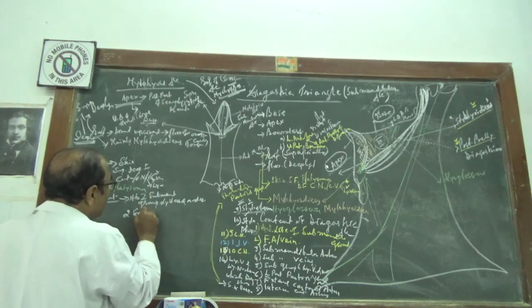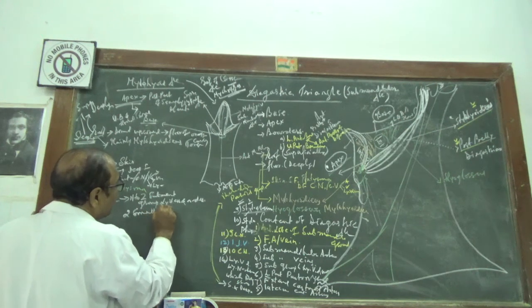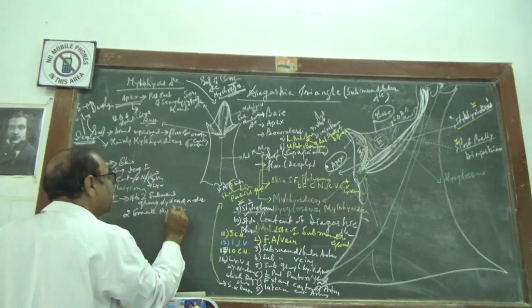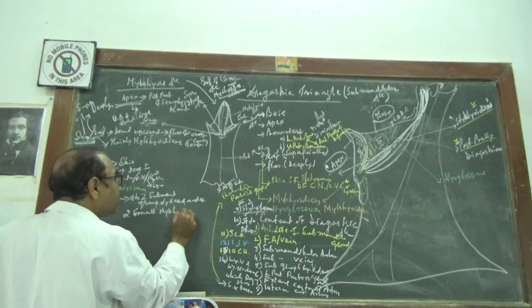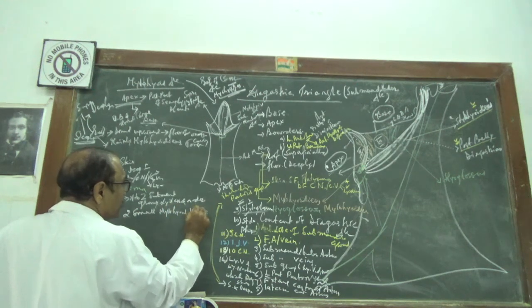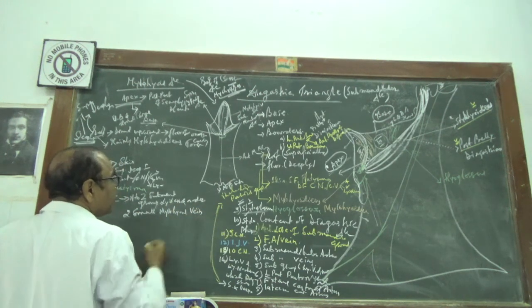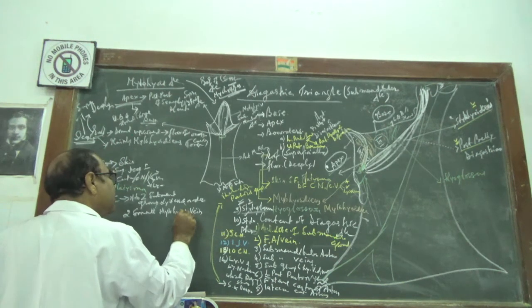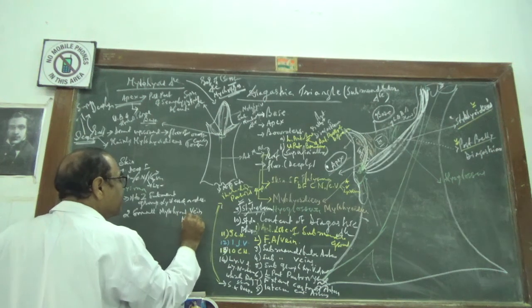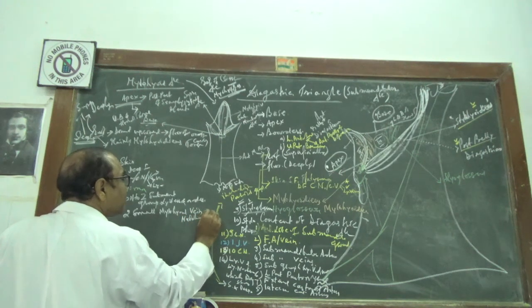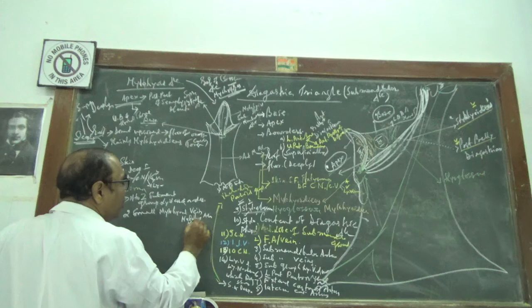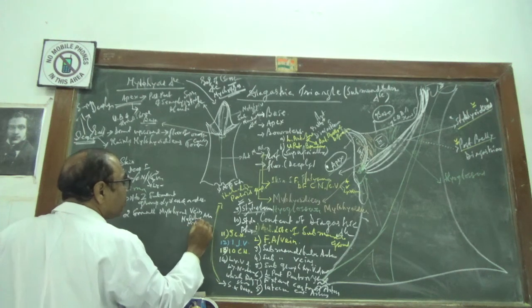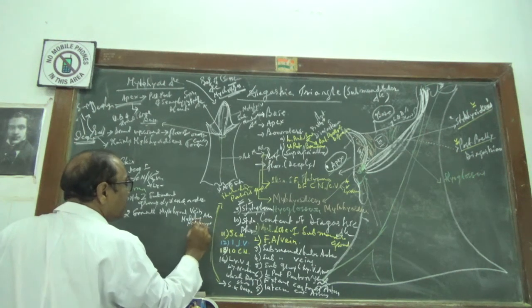Second, small mylohyoid veins, then mylohyoid arteries, mylohyoid nerve.